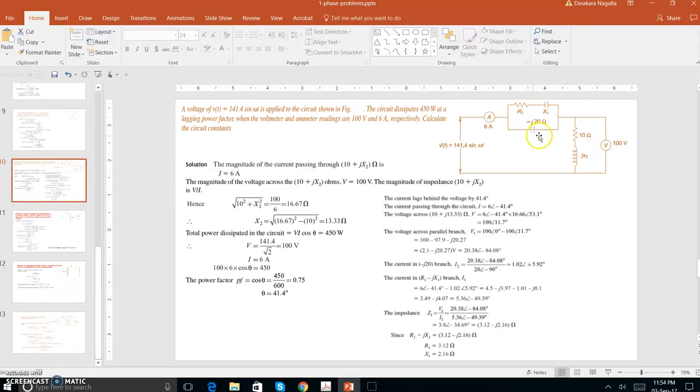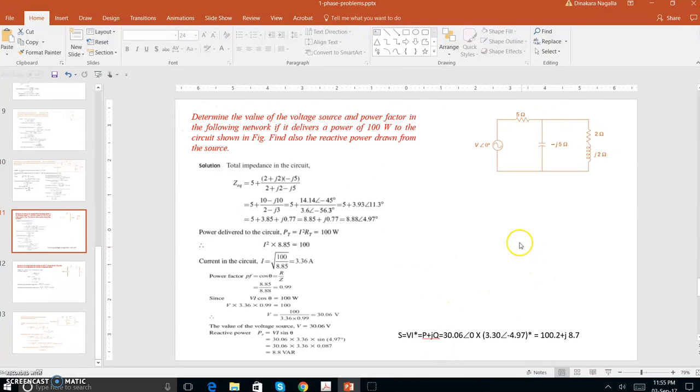From this the voltage drop across this branch can be obtained, and the current is known to us. From this, the impedance of this entire branch can be obtained. And from the current division principle, we can divide the current in the opposite ratio of the impedances, and from that we can find the value of the impedance. Take your pen and paper and solve. Finally, you can verify the answers.